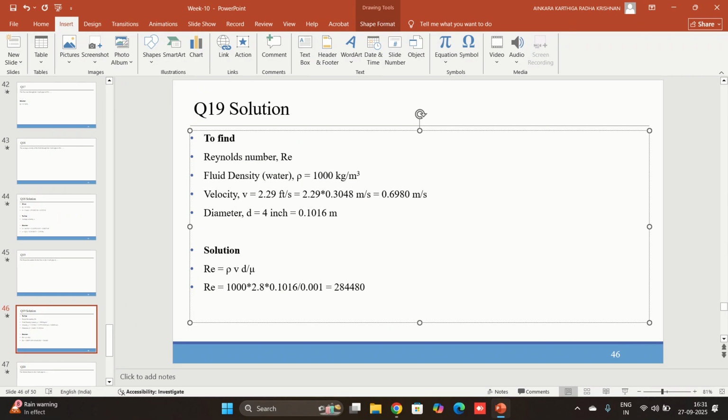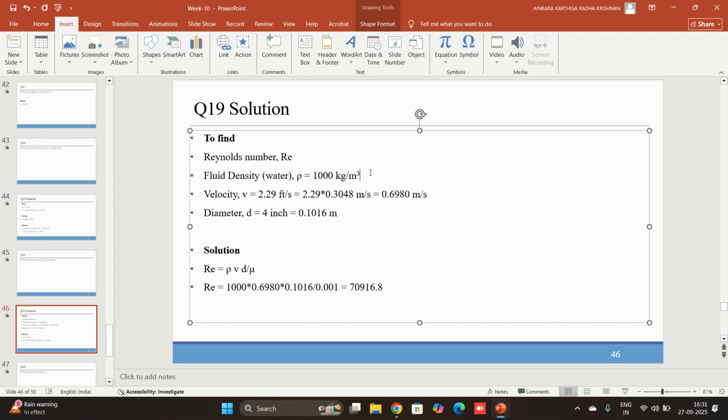rho is 1000 into V is, oh, not 2.8, V is actually 0.6980, into 0.1016 divided by 0.001. So the answer is actually 70,916.8. So there was some calculation error.